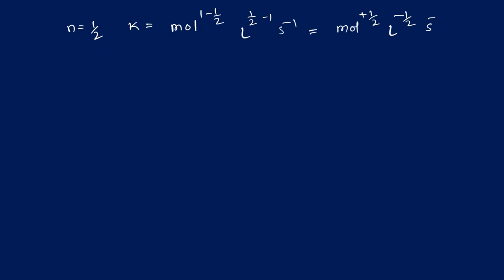Now one more example: n is equal to fractional order, say half. Then K unit is equal to mole 1 minus half, liter half minus 1, second inverse, that equals mole to the power 1 by 2, liter to the power minus 1 by 2, and second inverse.